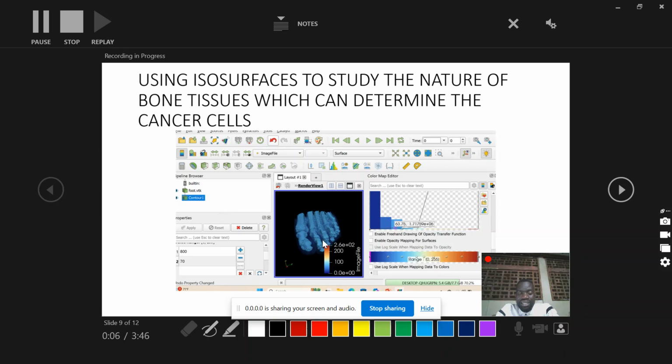So here I can go internally and study the bone, the nature of the bone, and then the fat concentration.